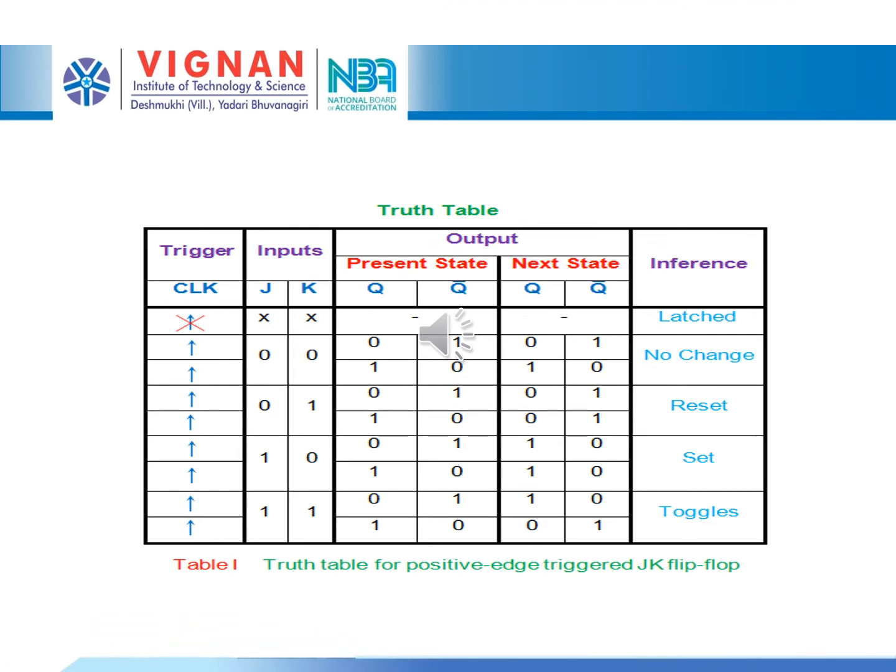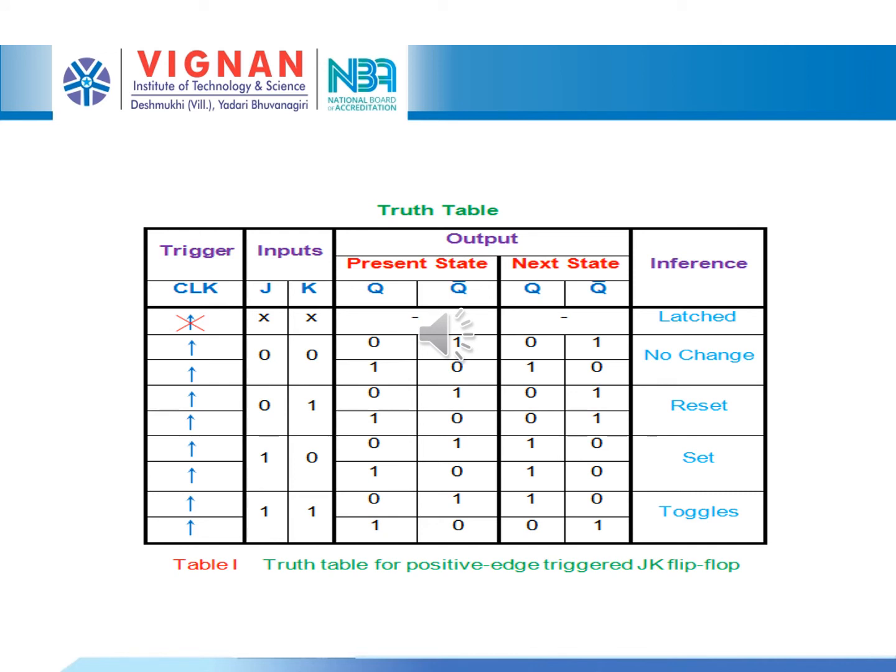And the function table or truth table of the JK flip-flop is like this. If the clock is not applied properly, that is, the positive edge has not occurred on the clock, then irrespective of the present inputs, the next state will be the same as the present state.